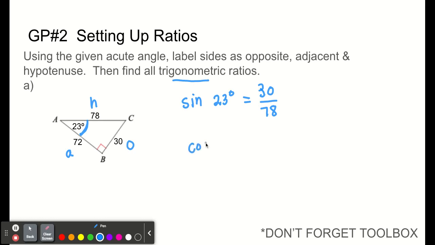The cosine of the angle, 23 degrees, is equal to, that's the CAH, the adjacent side divided by the hypotenuse. And lastly, the tangent of that angle, 23 degrees, that's the TOA, opposite over adjacent. That's going to be 30 divided by 72. Again, I'm not looking for you to simplify these ratios. That isn't necessary. I'm just looking to see that you are able to set up the correct ratios for each of your 3 trigonometric functions.